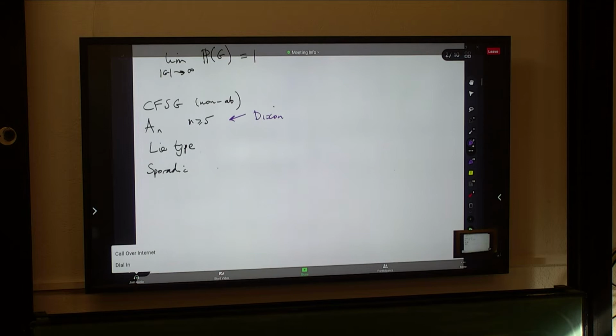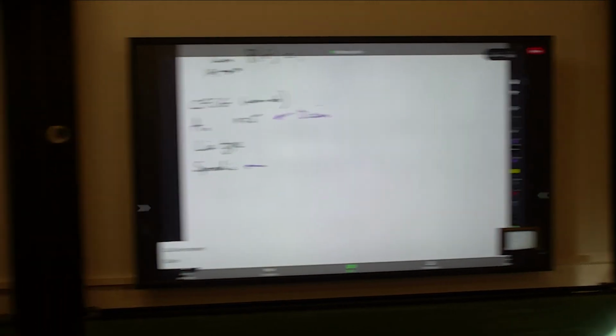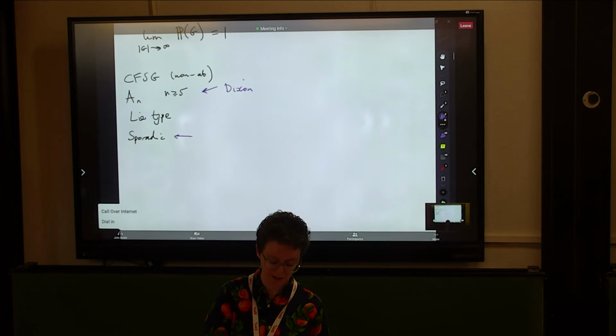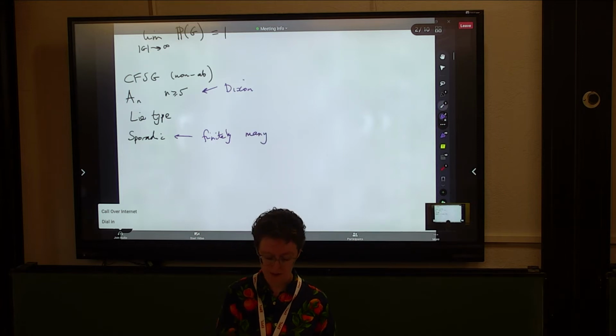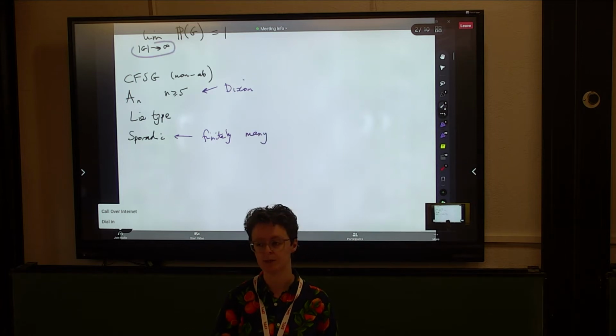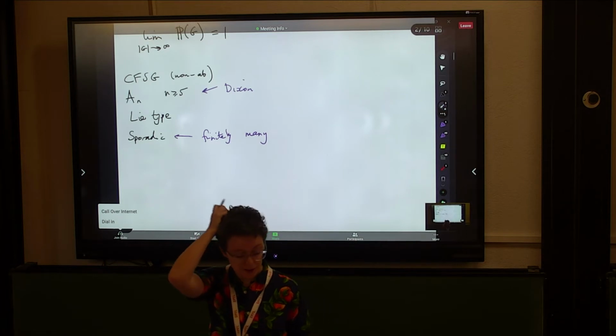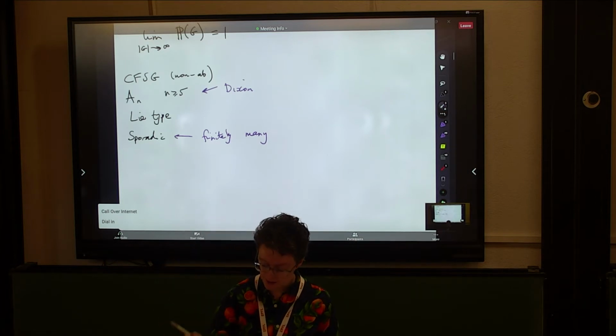In this case, we actually sneakily don't need to do anything because there's only finitely many. We don't even care how many, because we're taking the limit as the group size grows. And so we'll just assume that all of the groups we're looking at have order greater than that of any sporadic. So we don't need to do anything here, pretty sweet.